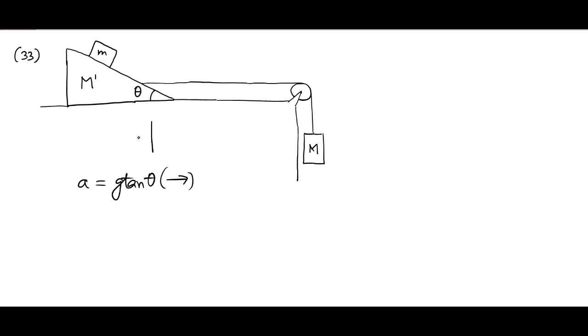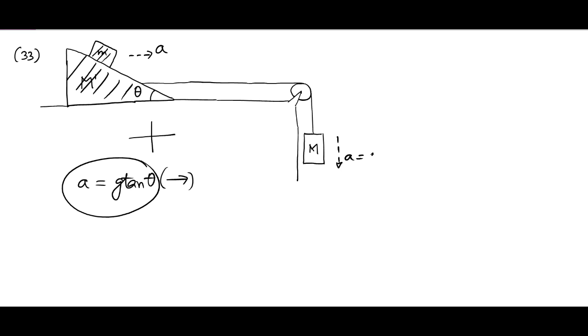So I'll draw my reference frame here, and the situation now in the ground frame is that capital M moves down and its acceleration is equal to A, and since small m doesn't slide with respect to capital M dash, so M and M dash are going to slide as one block, and of course their acceleration is going to be A towards the right. And we also know the value of A, so A is g tan theta.